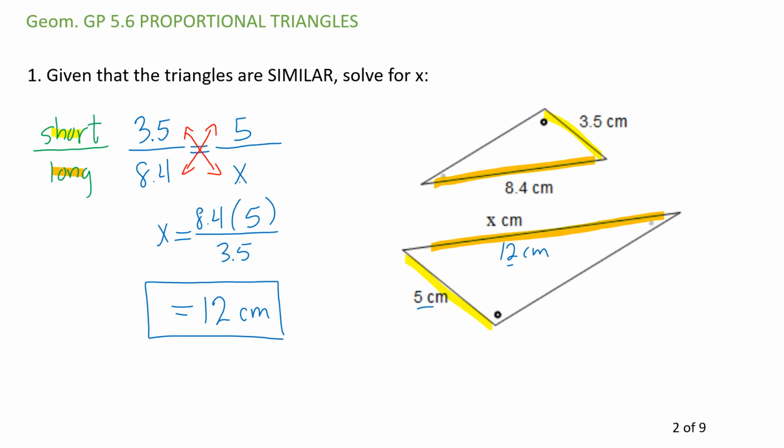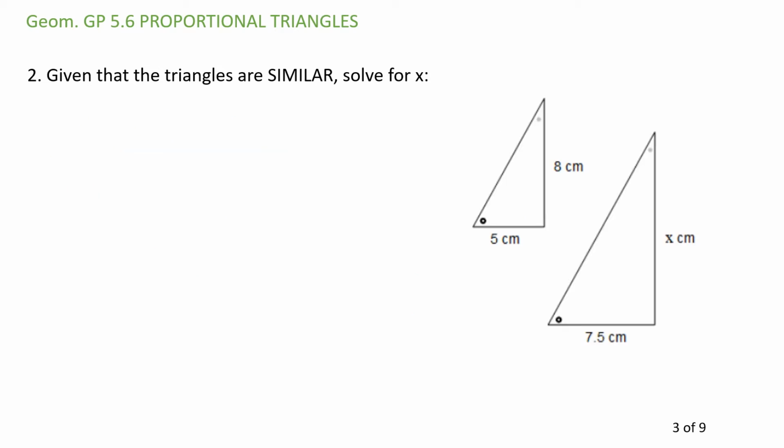Using similar triangles, I set up proportional sides. We've seen something similar already, but in this case, I'm telling you they're similar. Same thing here. Solve for x. I'm just going to set up short is to long. As long as you keep it straight, you should be good.